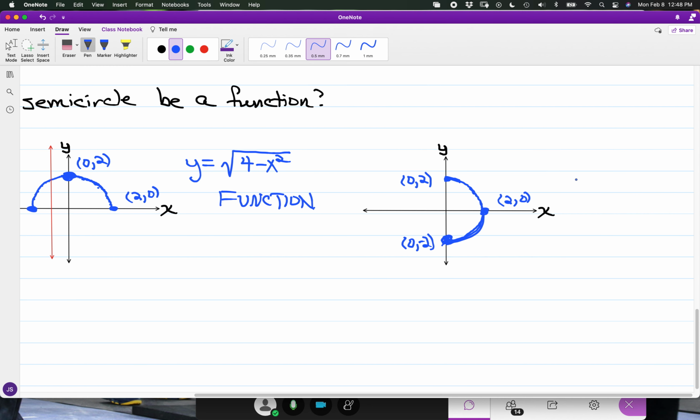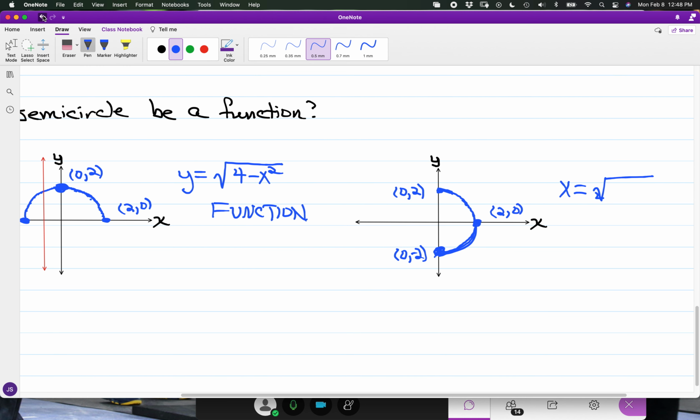After this portion, one notation would be where we have the x is, we'll say in this one, with this particular semicircle, say I have that x is equal to the square root of 4 minus y squared. So you're looking at just the right half of the circle that we had originally, which turned out to not be a function.